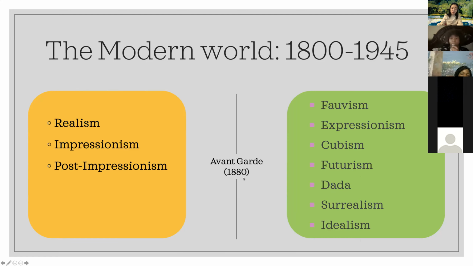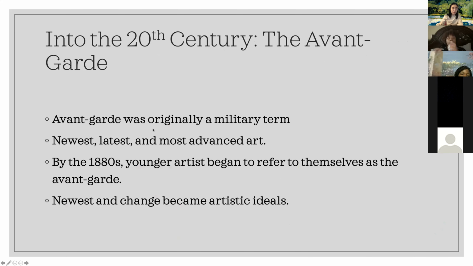Okay, so let's just remind what the avant-garde was. The avant-garde was originally a military term referring to the detachment of soldiers that went first into battle. Avant-garde, which is a French term, means newest, latest, and most advanced art.